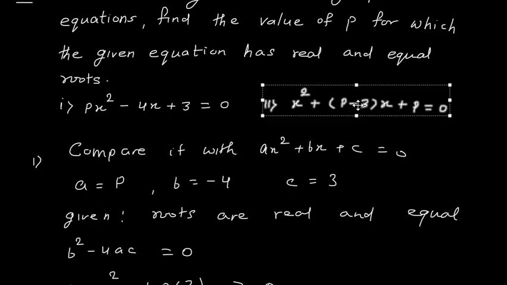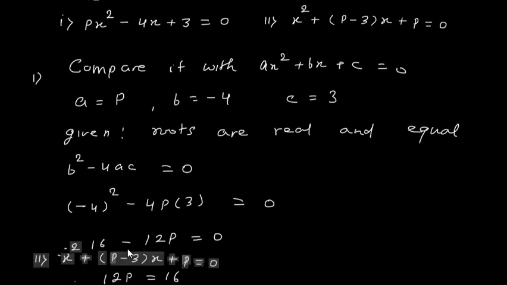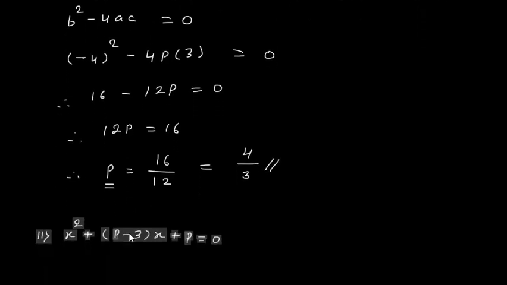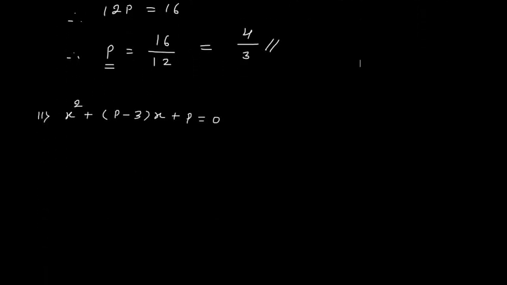Now the second question. This second question is x square plus p minus 3 x plus p equal to 0. So here also we compare it with ax square plus bx plus c equal to 0.